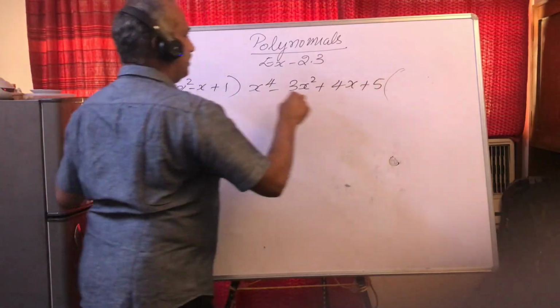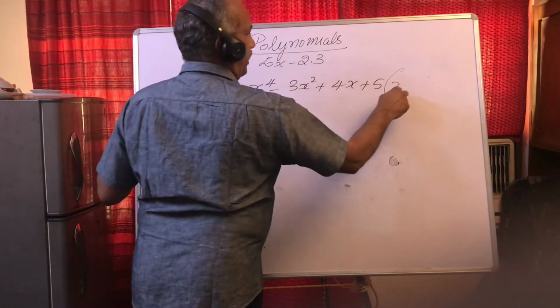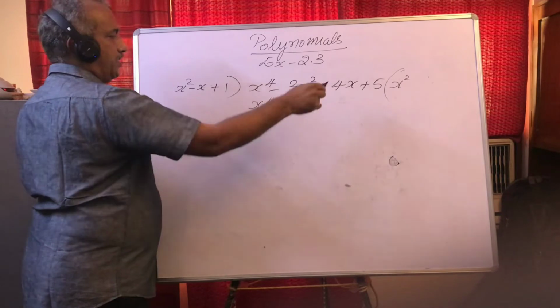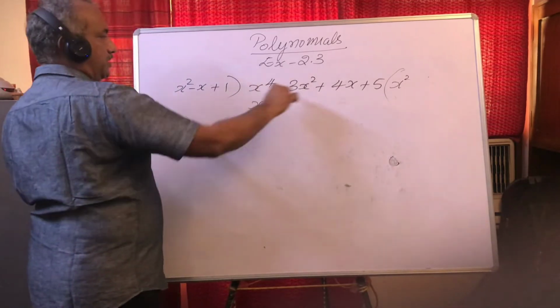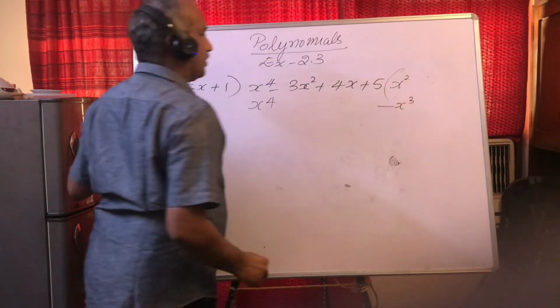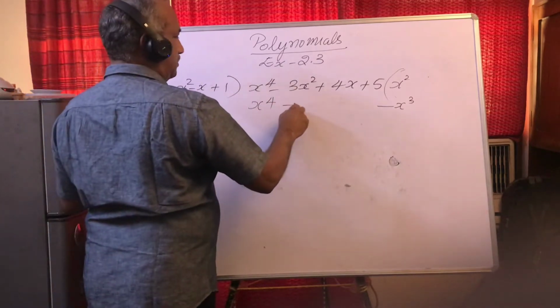Again, we'll do the same thing. First term upon first term, x raised to 4 upon x square. x square into x square, x raised to 4; x square into minus x cube, but there is no term, so I'm going to write it separately, minus x cube; then x square into 1, plus x square.